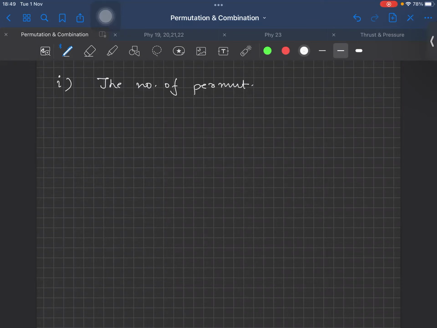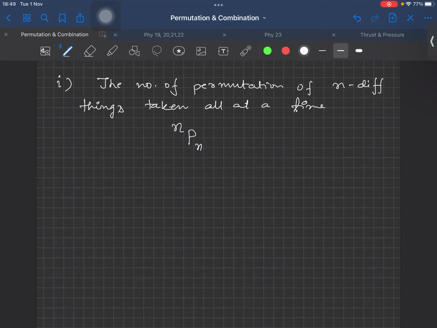Permutation of n different things, or n different events also you can say, taking all the elements at the same time, is written as taken all at a time. So that means NPN is equal to n factorial.